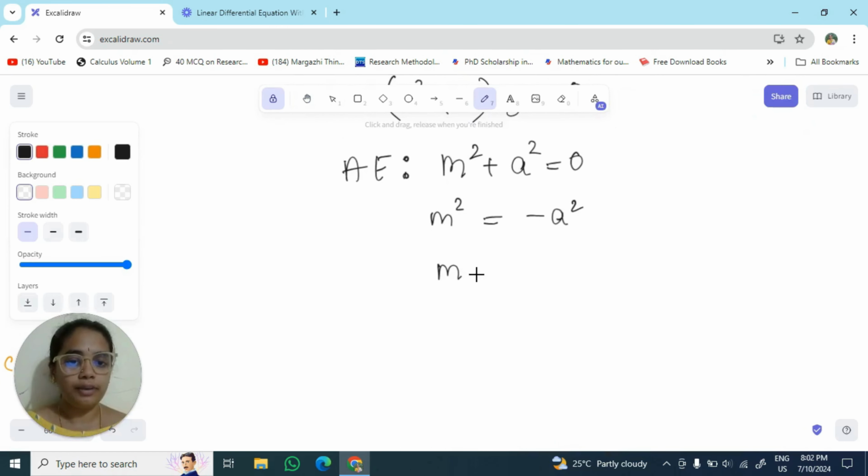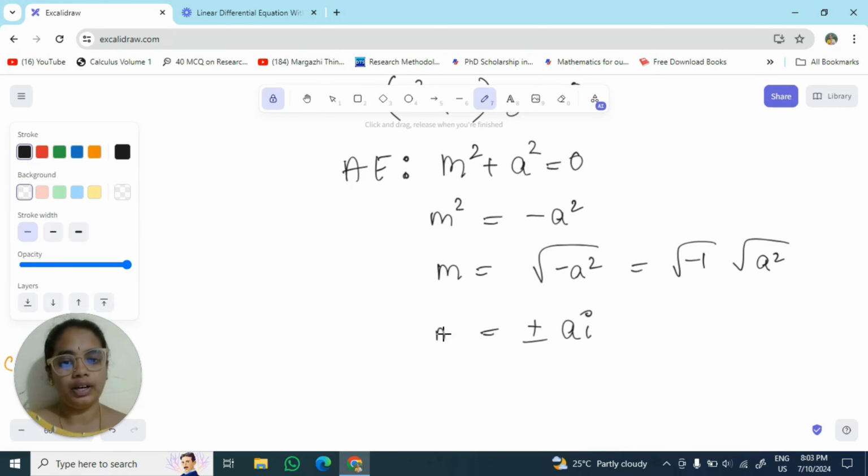Agree? So m is what? m is nothing but square root of negative a square, or you can also write it as negative 1 into square root of a square. So we get plus or minus a into i. Right? So what would our final answer be?